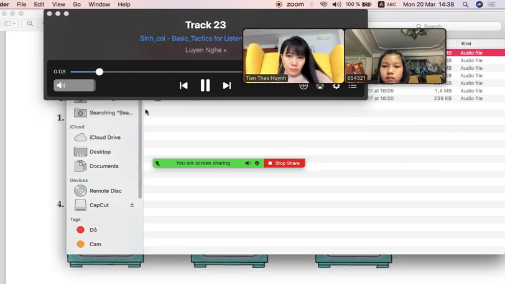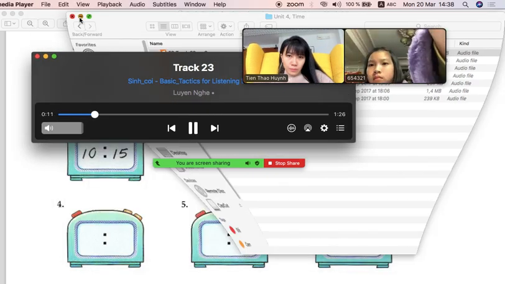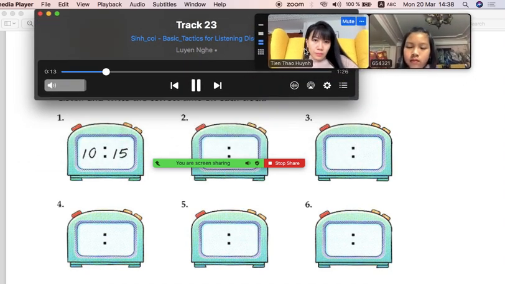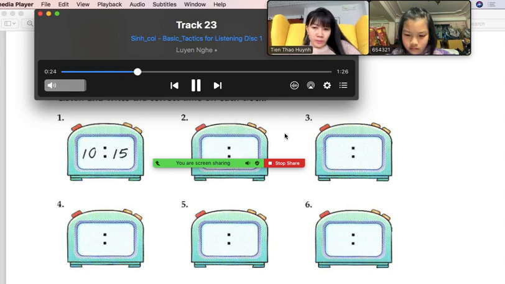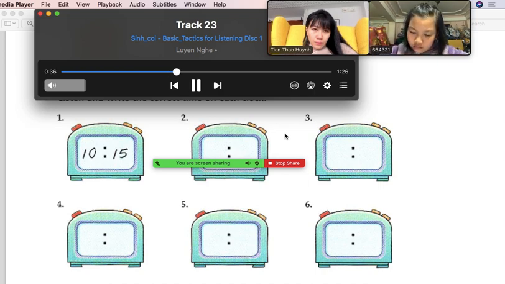Unit 4. Time. Page 14. Let's listen. Listen and write the correct time on each clock. 1. Excuse me, what's the time? It's 10:15. Thanks. 2. Do you have the time? Let me see. Yeah, it's 10 after 2. 2:10? Thanks. 3. What time is it now? Hey, it's exactly 12 o'clock. Midnight.